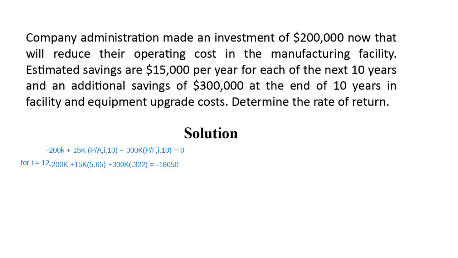For I equals 9, let's try and see how it will be. 200K plus the 15K times, for the 9, P given A is 6.418.